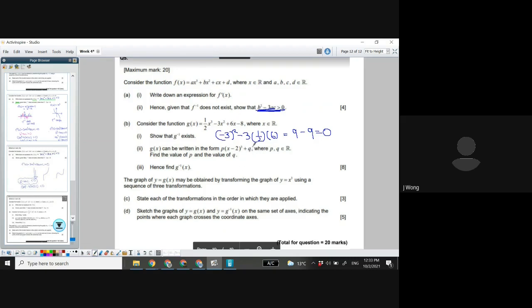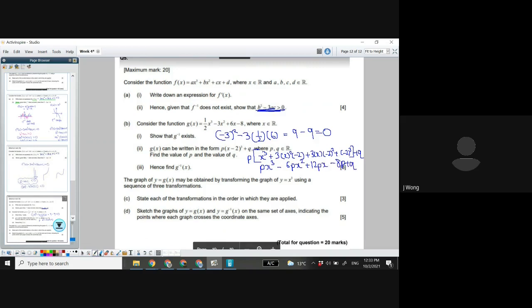You could pretty much just open this up, because we know that (x minus 2) cubed, you could just expand it with a cubic expansion, so that'll be x cubed plus 3 times x squared times minus 2, plus 3x times minus 2 squared, plus minus 2 cubed, plus q, where you have px cubed minus 6px squared plus 12px minus 8p plus q.